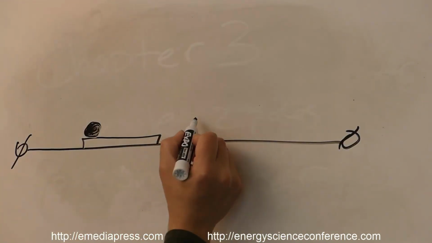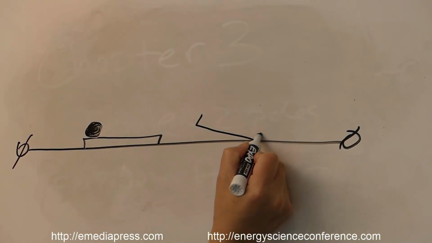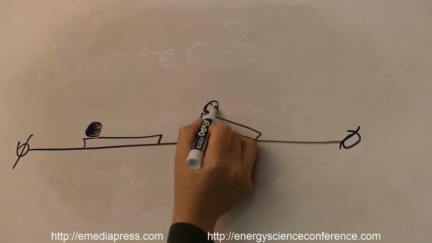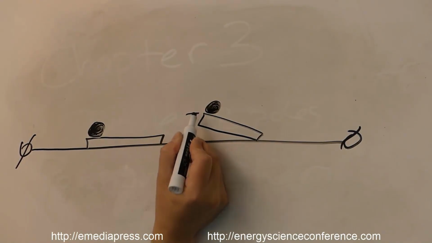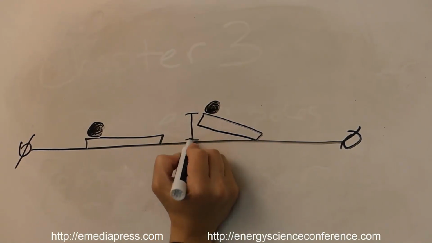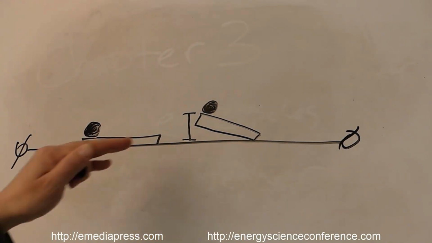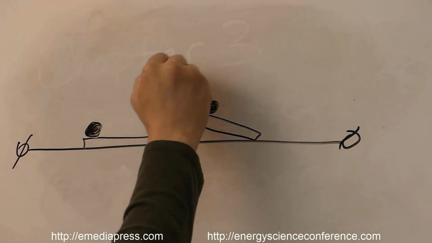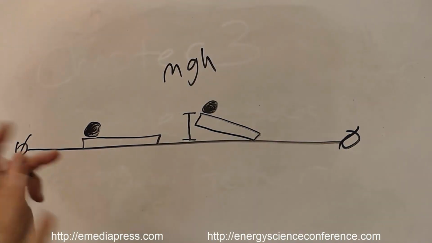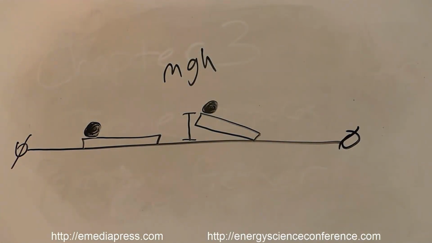So if we took that board and elevated it like this, we now have a potential difference between here and the ground right here, and mass times gravity times height, mgh, and we'll go over those simple little junior high school equations later.